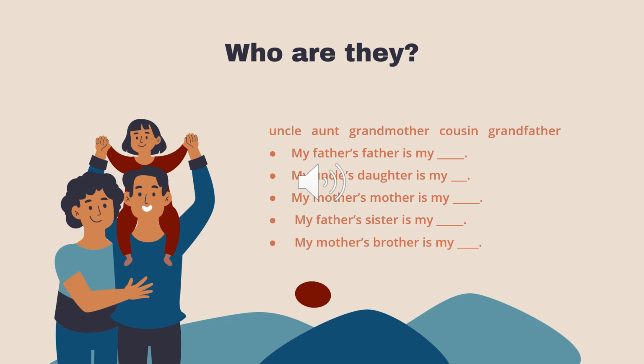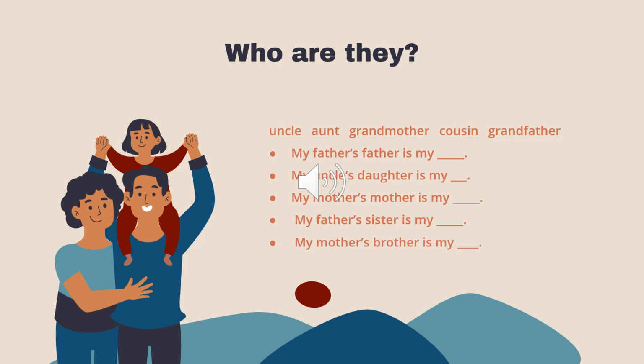Do you remember from the video that we just saw who these people are? We have several words to choose from. We can choose from uncle, aunt, grandmother, cousin, and grandfather. My father's father is my what? Fill in the blank.